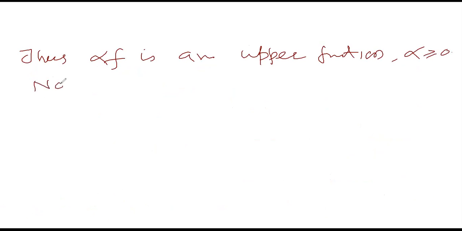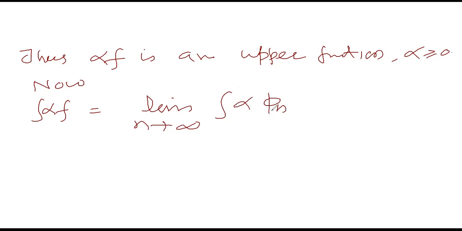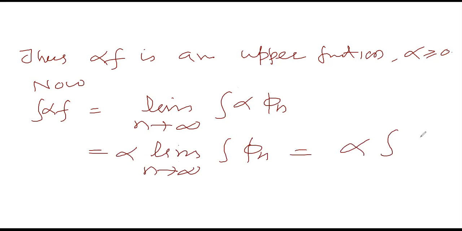Now we try to prove the equality of integrals. The integral of alpha f is equal to the limit as n approaches infinity of the integral of alpha phi n, because alpha phi n is a generating sequence, and this is equal to alpha times the limit as n approaches infinity of the integral of phi n, which is equal to alpha times the integral of f, because phi n is a generating sequence for f. That proves the second property.